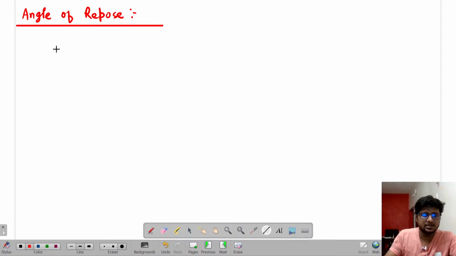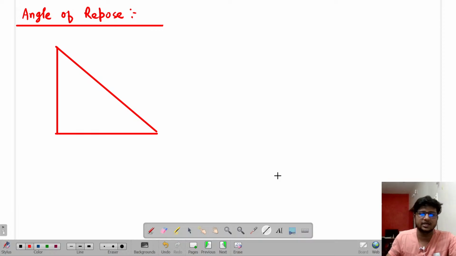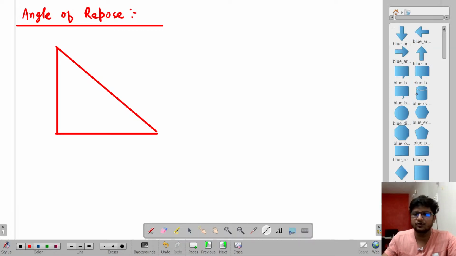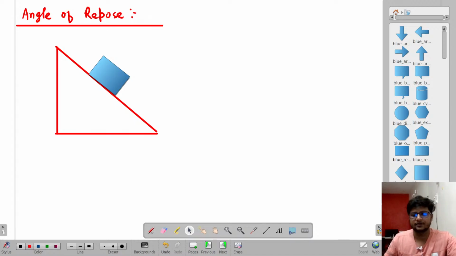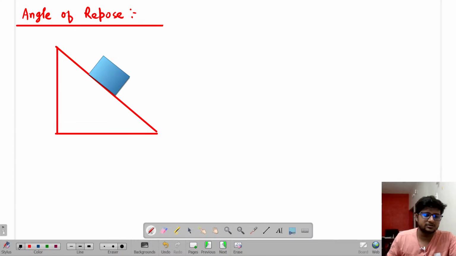The idea is that let's suppose you took an inclined plane, and this inclined plane is again a rough inclined plane, and you placed a block over here. Let's suppose this body has mass m, and this inclination is theta.